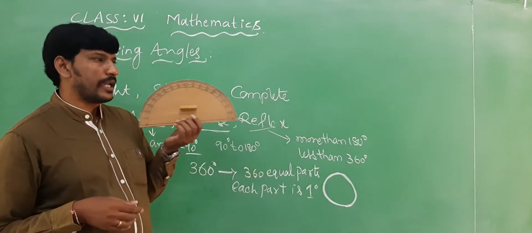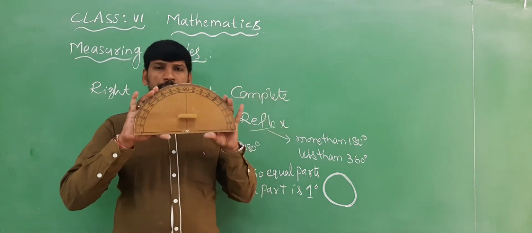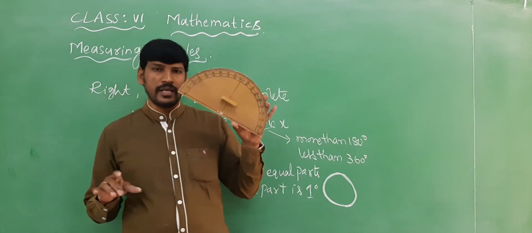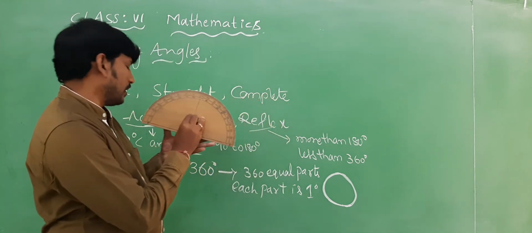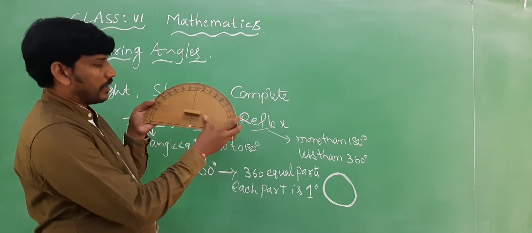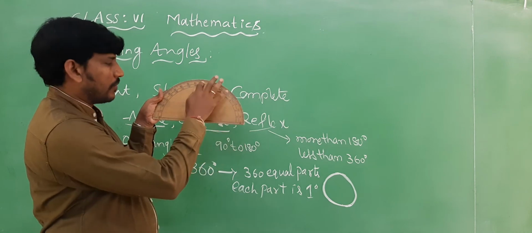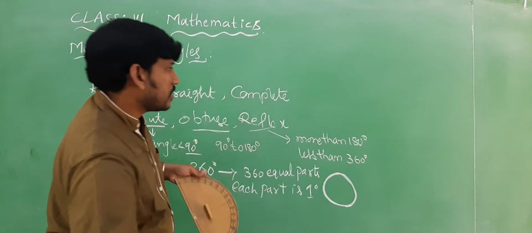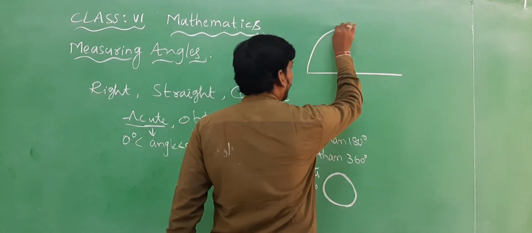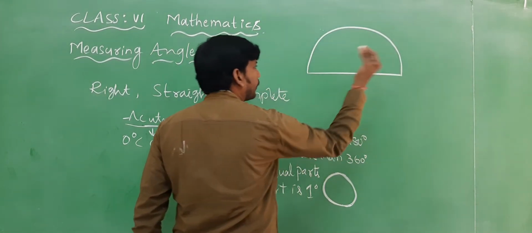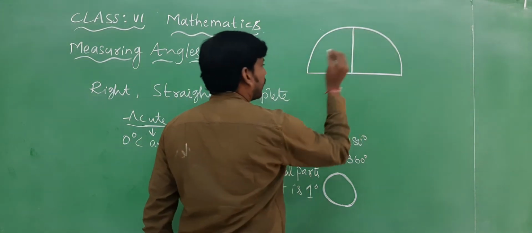How to measure the angle? By using this protractor. It looks like a D shape, the English letter D. Now if you observe, in this protractor there is one horizontal line and a semicircle, and one vertical line.